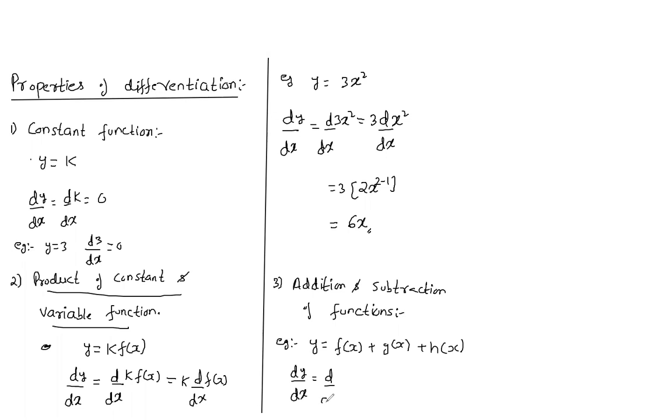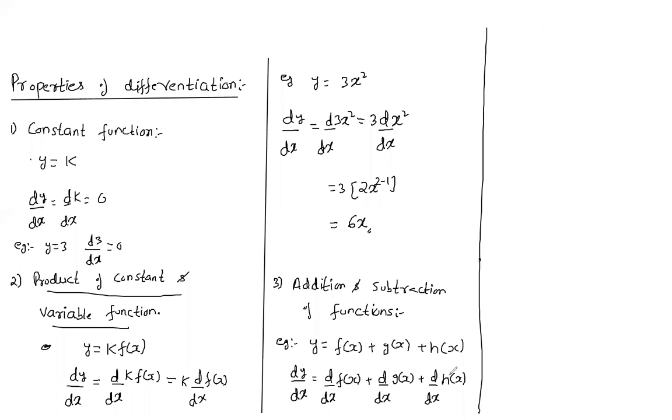That is d over dx of f(x) plus d over dx of g(x) plus d over dx of h(x). If you are subtracting f(x) and g(x), then instead of a positive sign, you will have a negative sign.